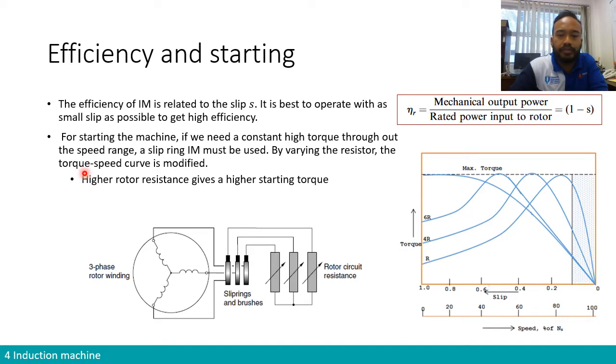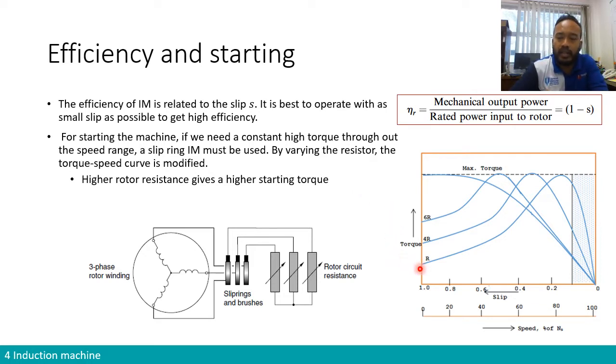From there, the issue we are going to discuss now is related to operating the machine, especially when we want to start it. We have seen last week the curve of torque versus speed of an induction machine.